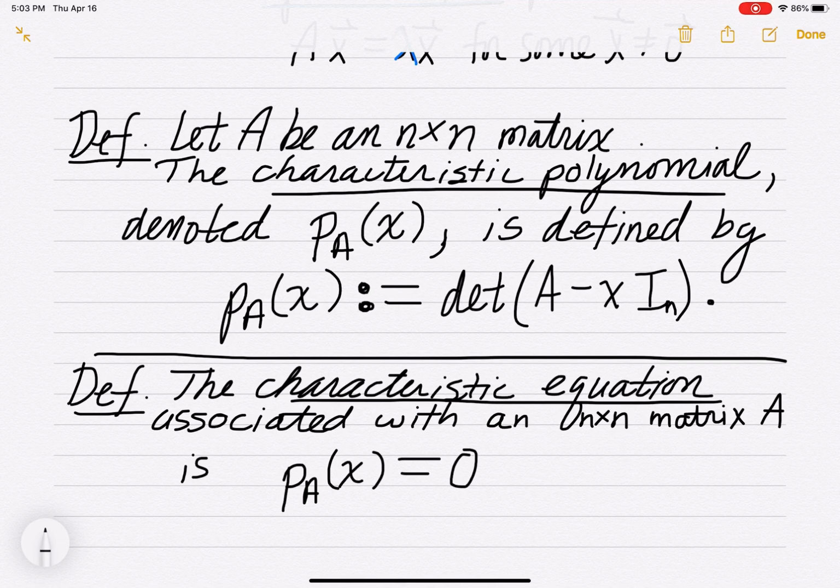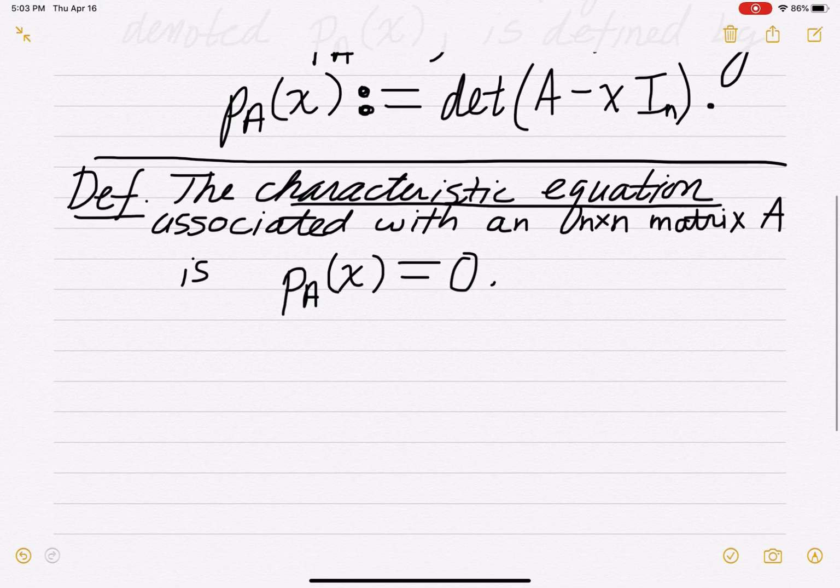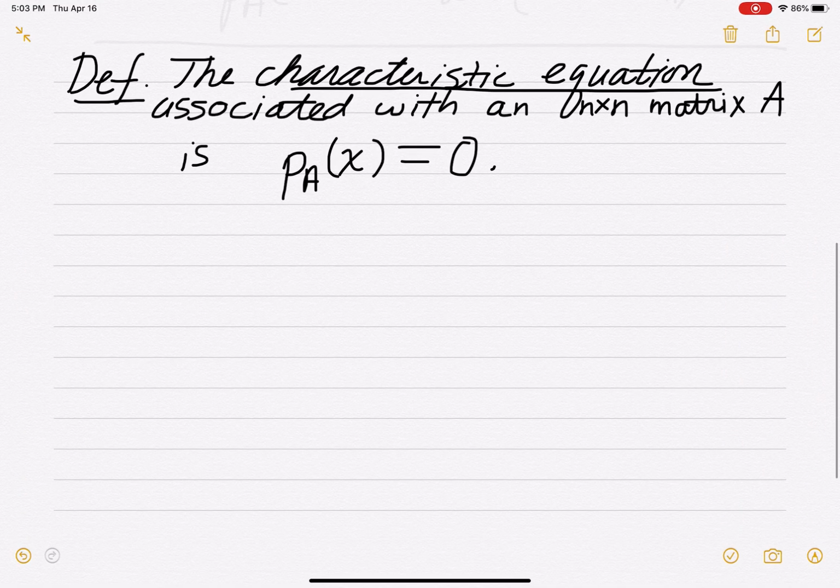So you take the characteristic polynomial and set it equal to 0. Basically you're finding the zeros, the roots, of the characteristic polynomial. That's the characteristic equation for n by n matrices.